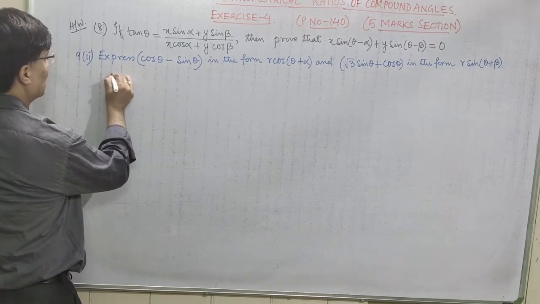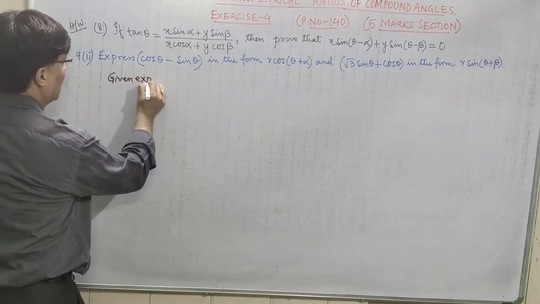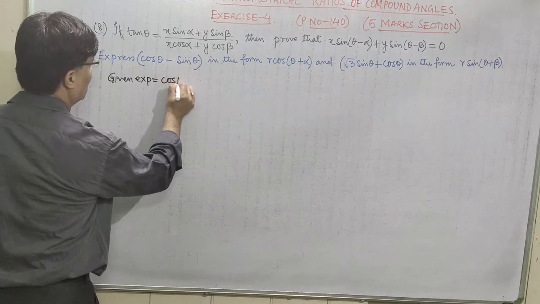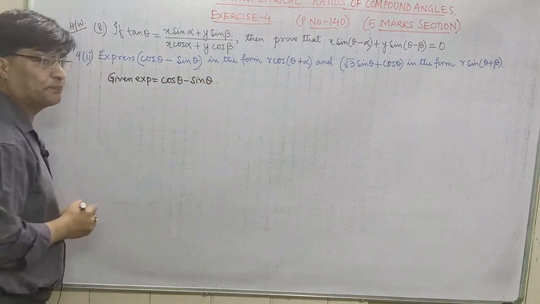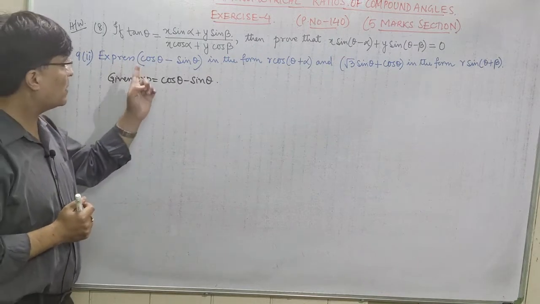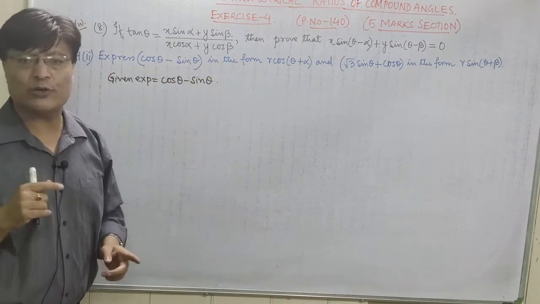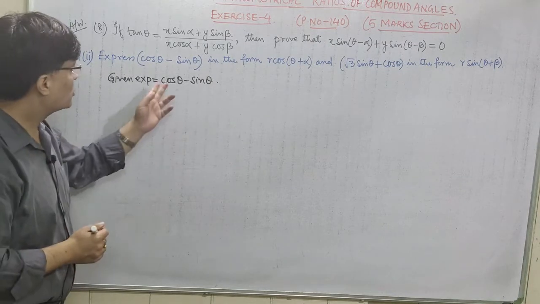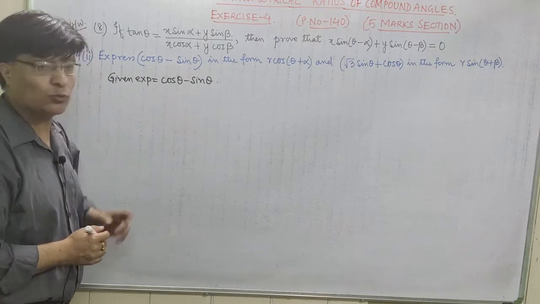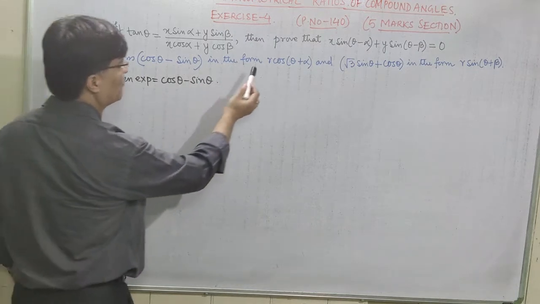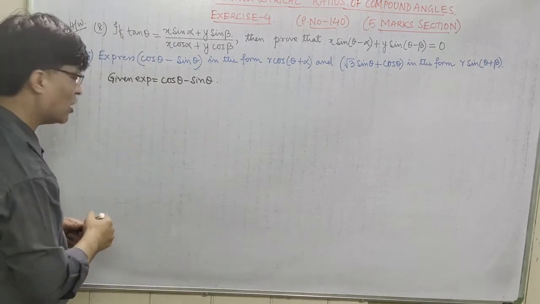So the given expression is cos theta minus sin theta. Now we have to express this expression in the form r cos of theta plus alpha. So what is the coefficient of cos theta here? 1. And what is the coefficient of sin theta here? 1. And you have to express it in the form of r cos of a plus b form, r cos of theta plus alpha.